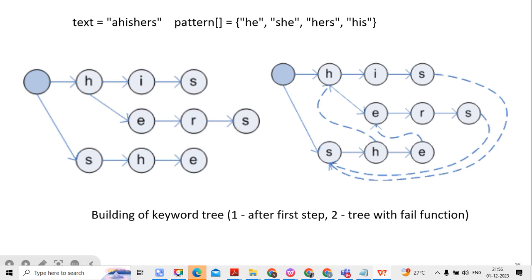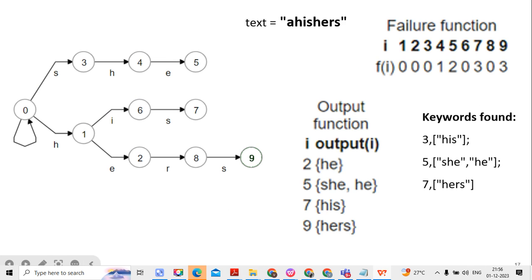Again the same for this S, the failure transition of this S is mapped to here, that is SHE. Now the failure transition of this E is mapped to this E, because after that the suffix pattern RS is there. Now the failure transition of H is mapped to this, then after that I and S are there. So in this way the failure transitions are mapped.